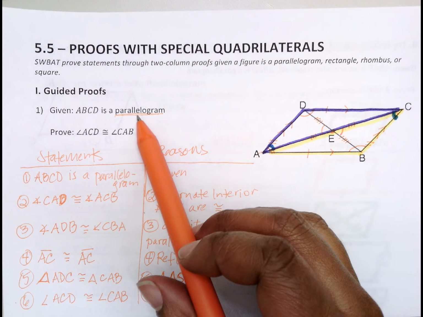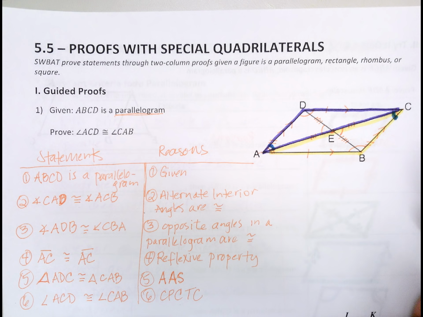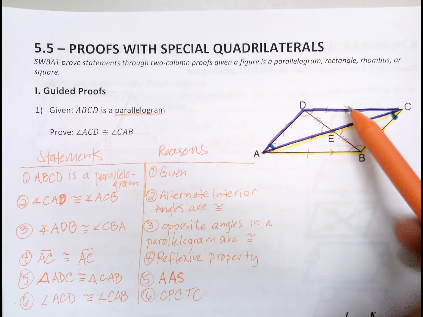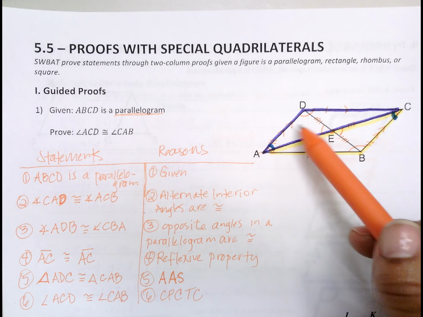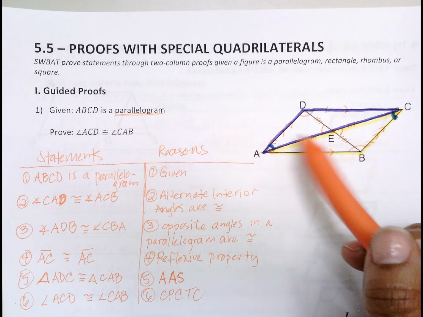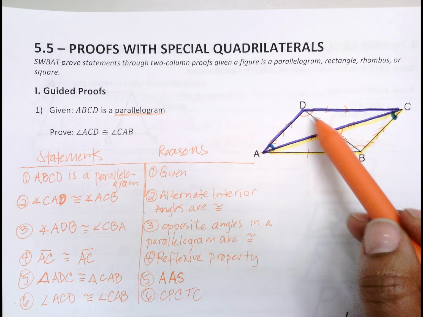Because they gave us this information, what I typically do is I just immediately, based on the properties of a parallelogram, one being that opposite sides are parallel to each other, the second one being that opposite sides are congruent to each other, third one, diagonals bisect each other, right?